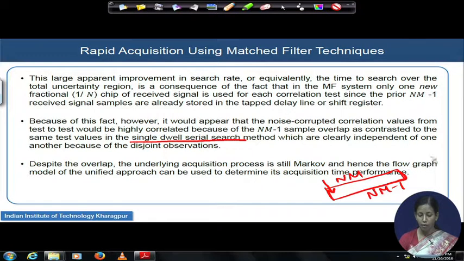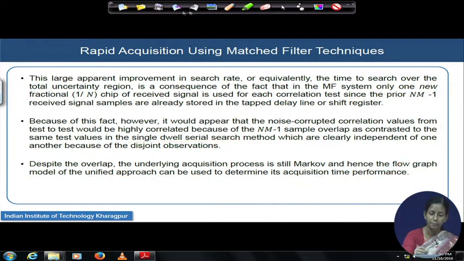Hence the flow graph of this unified approach can be used to determine the acquisition time and acquisition time performance nicely. So it doesn't violate the fundamental Markov chain model, and we can still utilize this matched filter, and the promised gain in terms of rapid acquisition can be obtained.